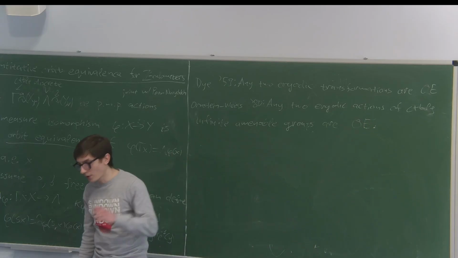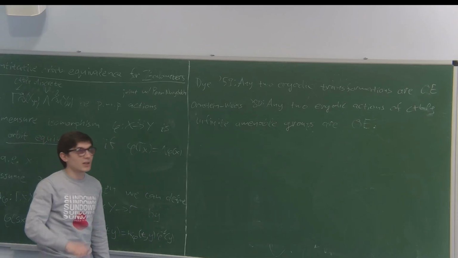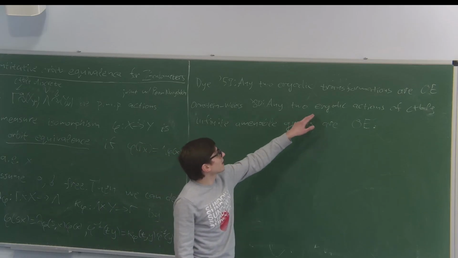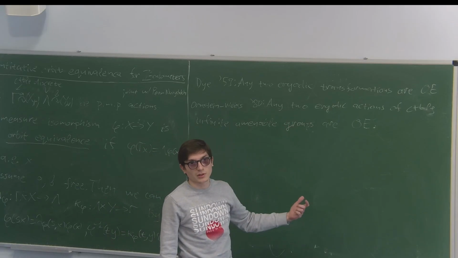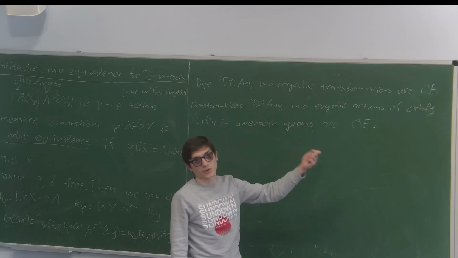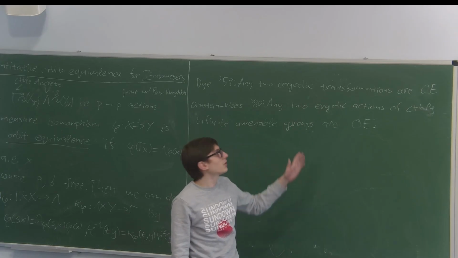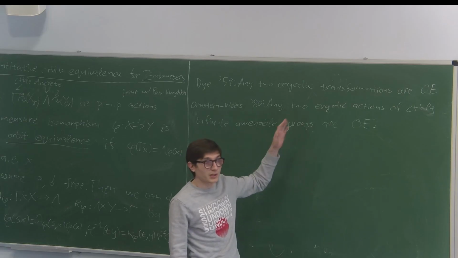So indeed, for actions of amenable groups, this relation doesn't distinguish anything. Free actions. I mean, what they prove is that any non-singular action is orbit equivalent to an action of Z. Once you go to ergodic ones, you'll get an ergodic Z action, and then they're orbit equivalent by Dye. We usually use the free case, but this is still true.